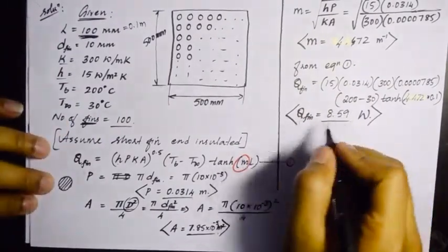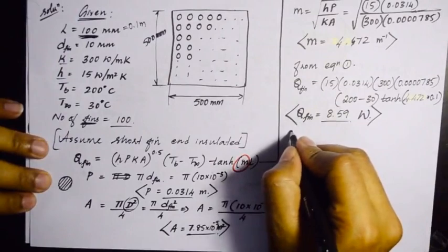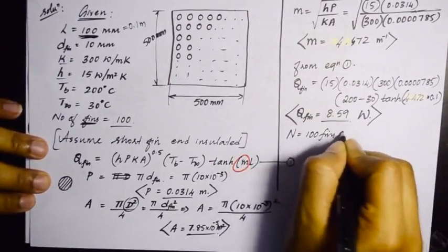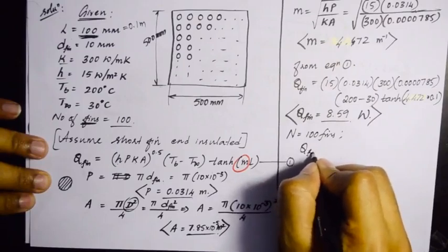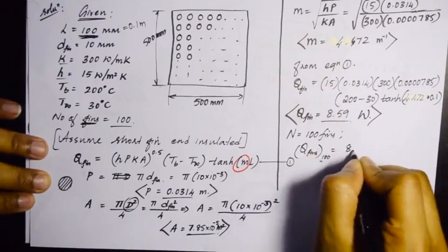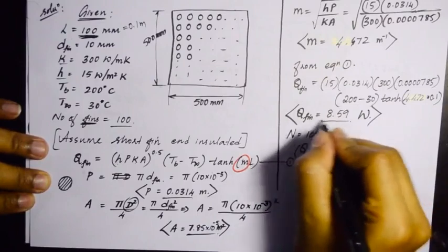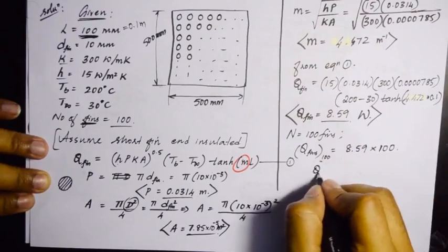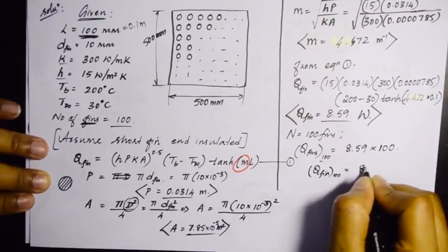The heat transferred by a single fin is 8.59 watts, but we have the number of fins as 100. Therefore we need to find the value of Q for 100 fins as well, which we get directly by multiplying 8.59, that is by a single fin, multiplied by 100, which will give you the heat transferred by 100 fins.